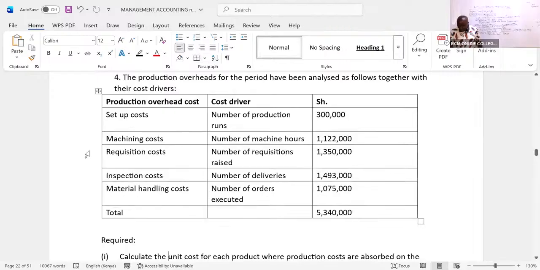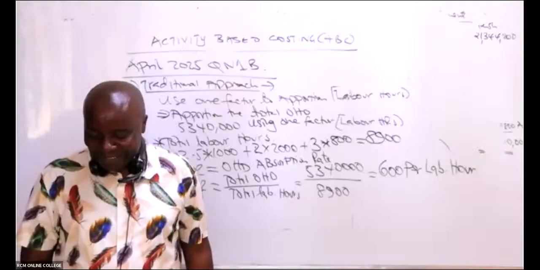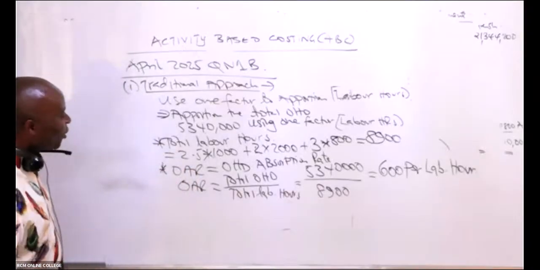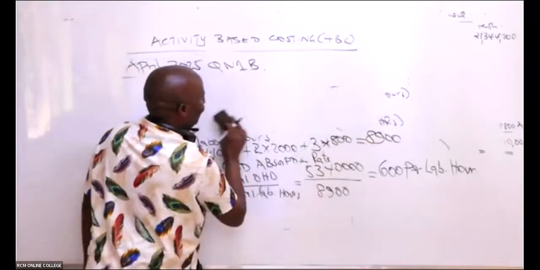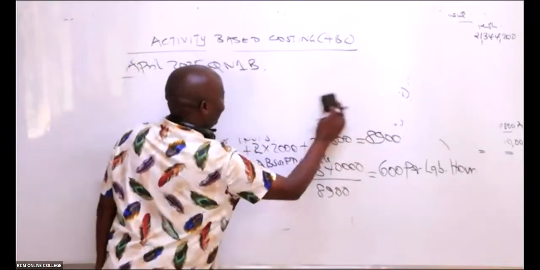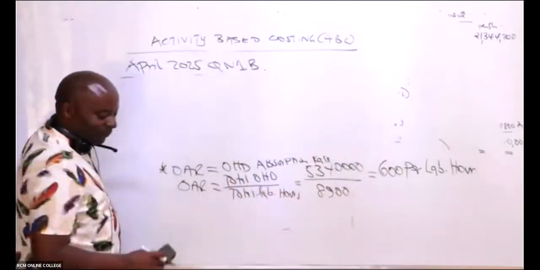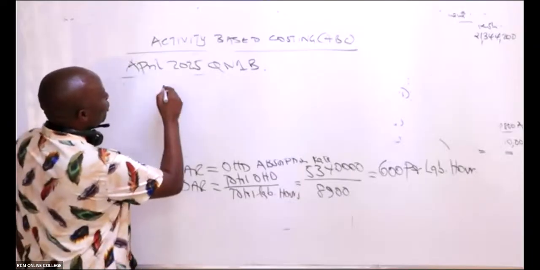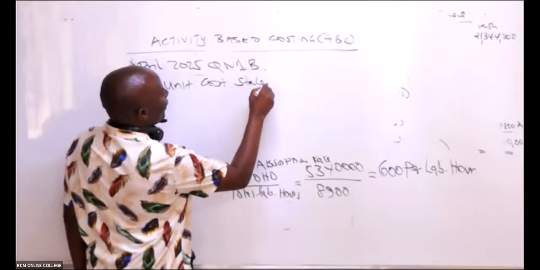The question says: calculate the unit cost for each product, where production costs are absorbed on the base of direct labor hour. So they want us to give a unit cost statement.